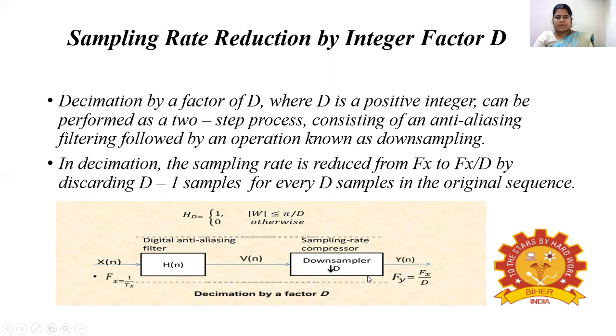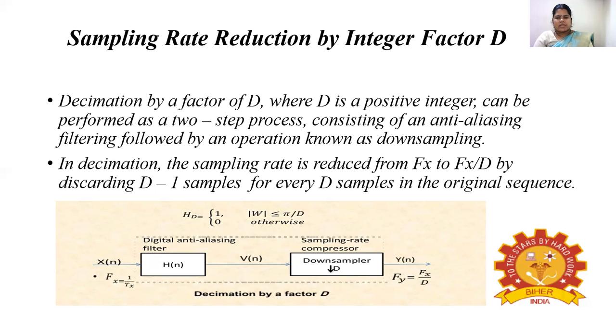Decimation by a factor of D, where D is a positive integer, can be performed as a two-step process, which consists of the anti-aliasing filter, represented by h of n, followed by an operation known as downsampling. This operation is performed by the downsampler, which is represented by a downward arrow marked with the letter D.